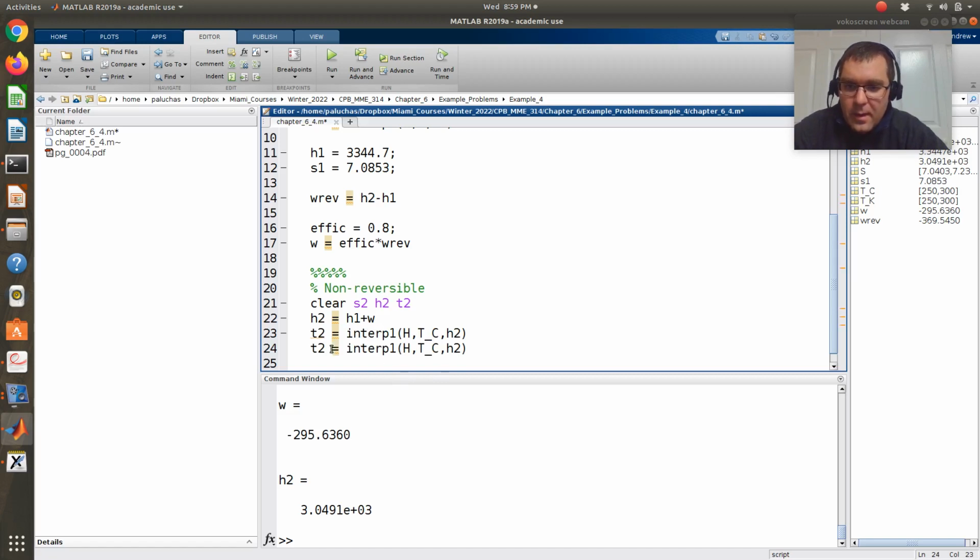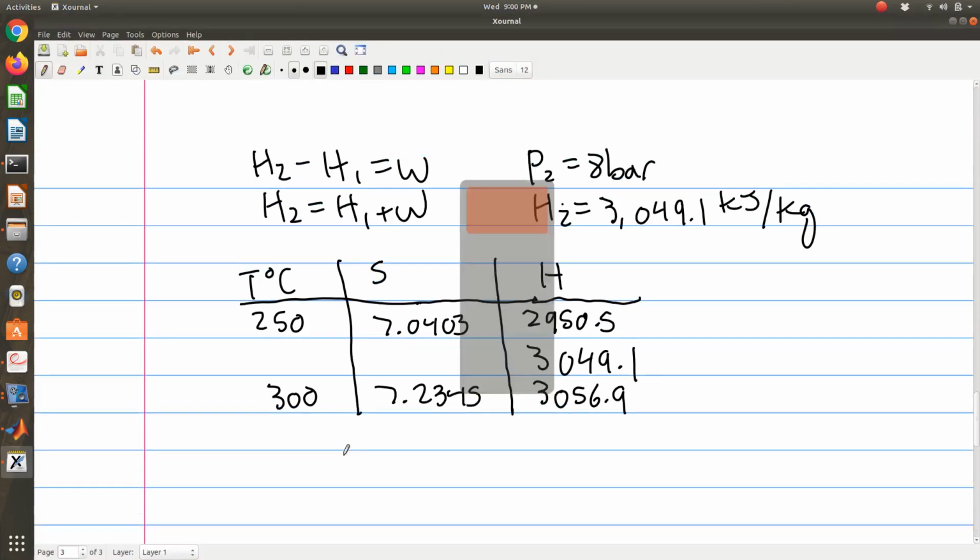And then to get the entropy, I'm going to interpolate. My independent variable again will be H, because I know the value of H in my final state. And instead of temperature, I'll have our entropy data. So interpolating, now I get T2.